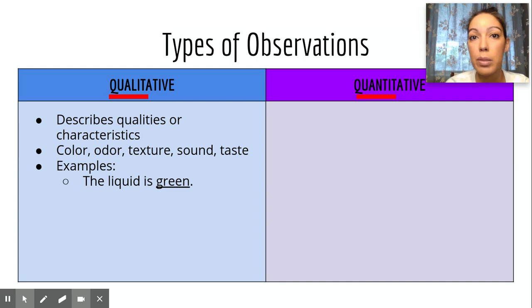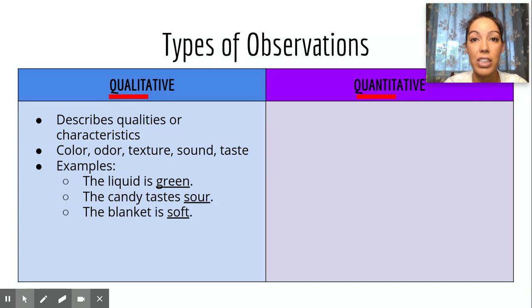So anytime you're observing color, qualitative. If you are observing taste of something, that's going to be a descriptive way to observe that. And so if you say the candy tastes sour, that is a qualitative observation. The blanket is soft. That's describing the texture, okay?